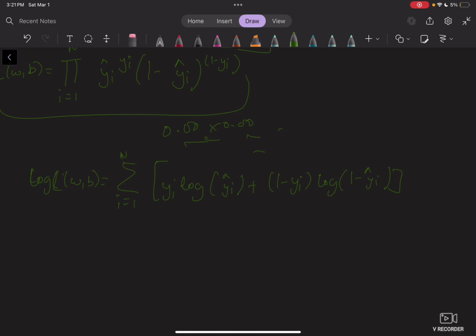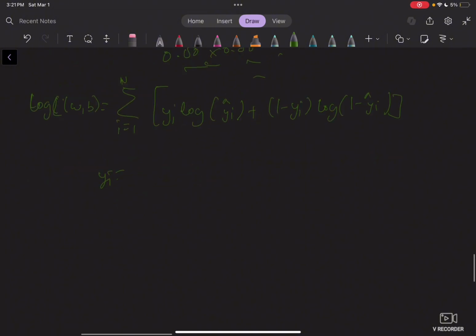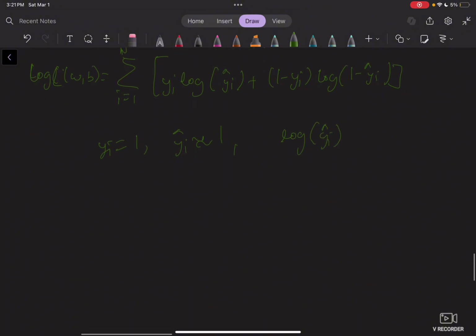And how does the loss work? It encourages confident prediction. If your yi is 1 and y hat is close to 1, then the term log y hat is almost 0, like we looked at the very beginning, meaning there's low loss. If yi is 1 but y hat is 0, then log y hat is a large negative number, leading to a high loss.